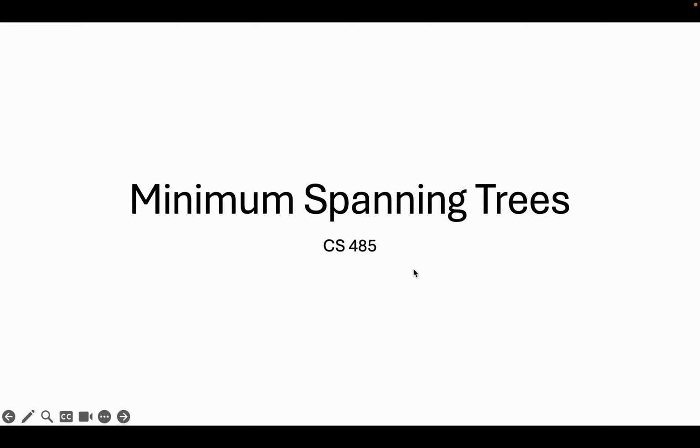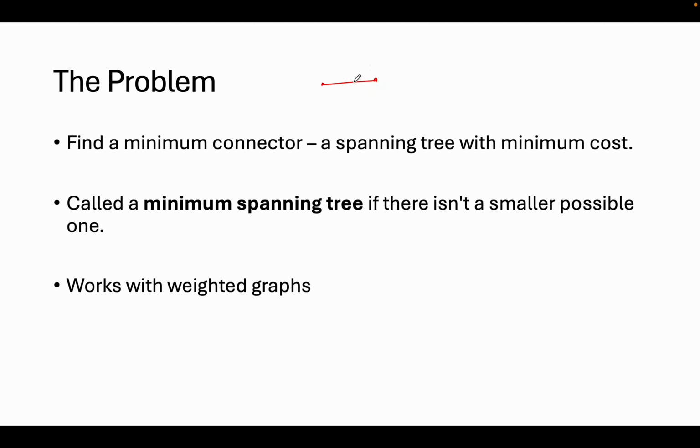So the problem here is to find this minimum connector, the spanning tree with minimum cost. The cost is associated with the weight on the edge. If this edge has weight 5 and this edge has weight 3, then we would prefer 3. And this is a kind of greedy algorithm. In a greedy algorithm, when we're making a decision, we don't necessarily think ahead all that much. At any point, we just want to take the best possible option now.